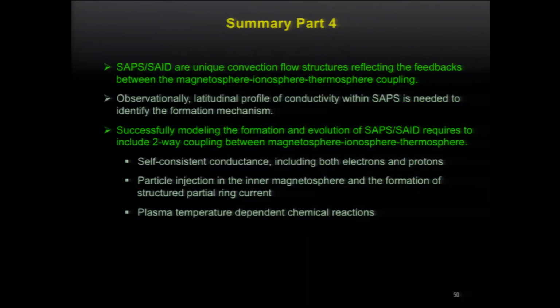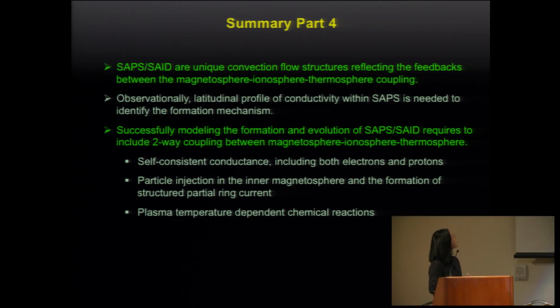Okay, so a summary for this part. The SAPS and the SED is a really unique feature reflecting the interesting feedbacks between the magnetosphere, ionosphere, and thermosphere. I think, observationally, if we want to tackle which mechanism is important for the SAPS generation, we will need to measure the latitudinal profile of conductivity within the SAPS.